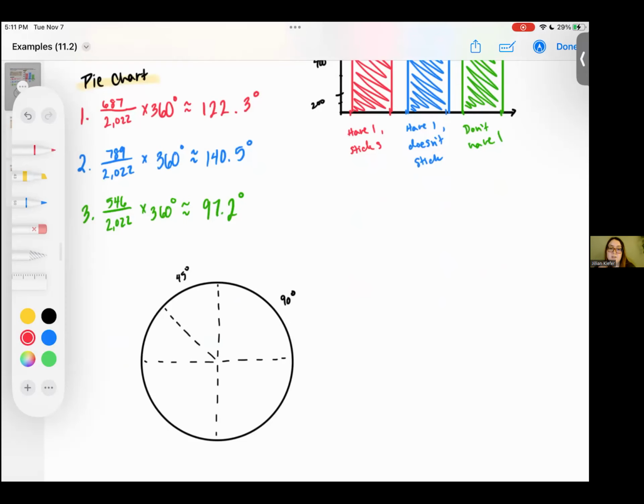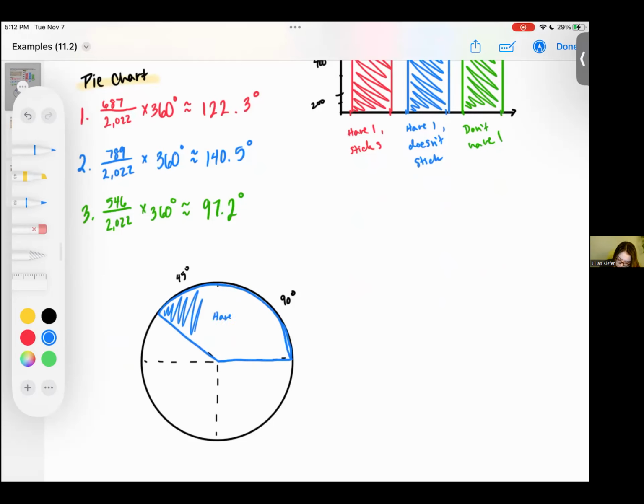Our second category there is 140.5 degrees. So we can go ahead, wrong color, and draw over these parts here. And it's just going to be a tiny bit more than the 135 degrees. So there we go. So we have this category.